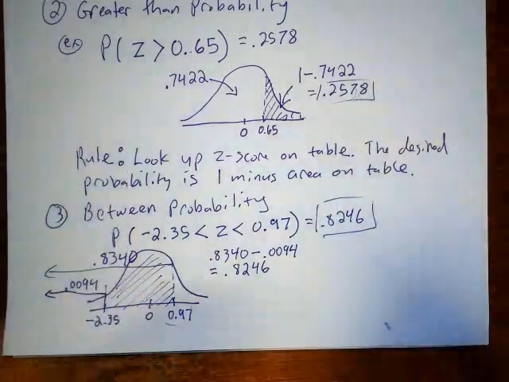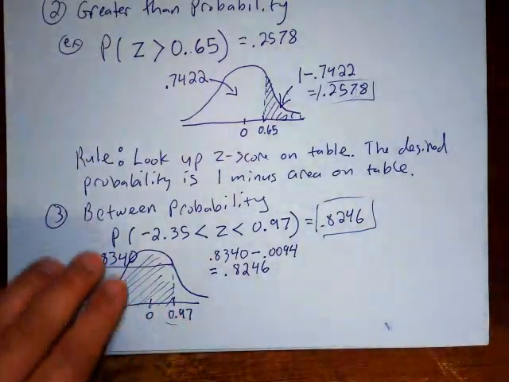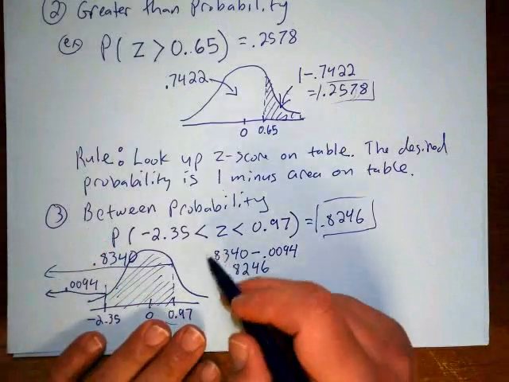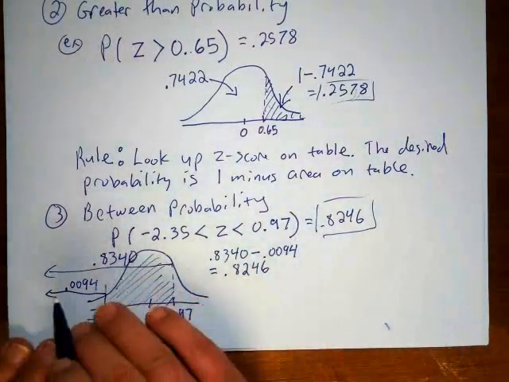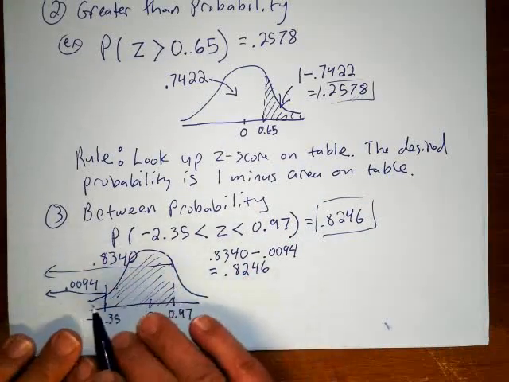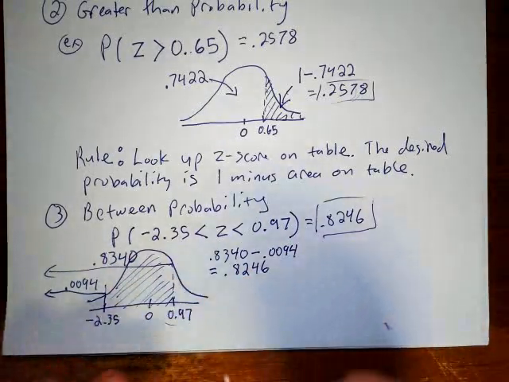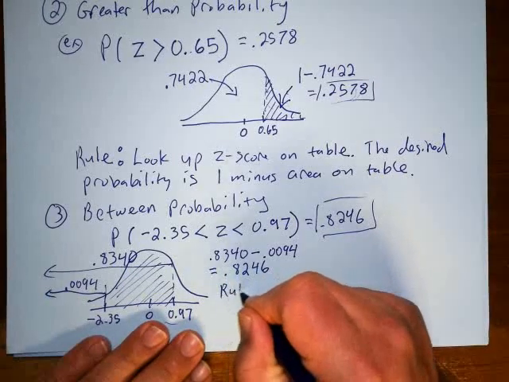Okay, so if I were to write a rule for this, whenever you do a between one, you look up both z-scores, and then you take the large area minus the small area, and that gives you the area between the two. Let's write that rule out.